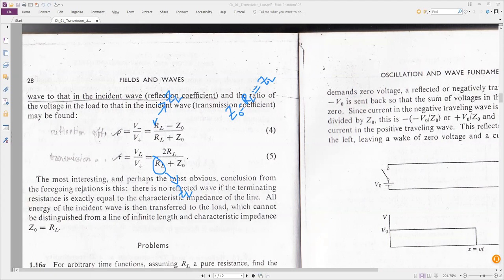The most interesting, perhaps the most obvious conclusion from the foregoing equations is that there is no reflected wave if the terminating resistance is exactly equal to the characteristic impedance of the line. All energy of the incident wave is then transferred to the load, which cannot be distinguished from a line of different length and characteristic impedance Z naught. Okay, so that is the thing.